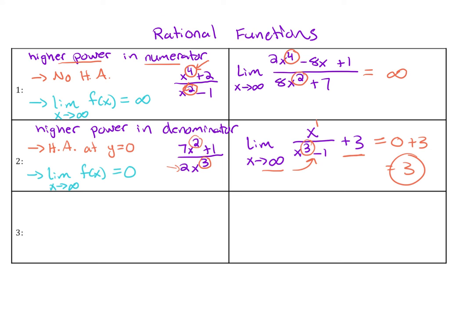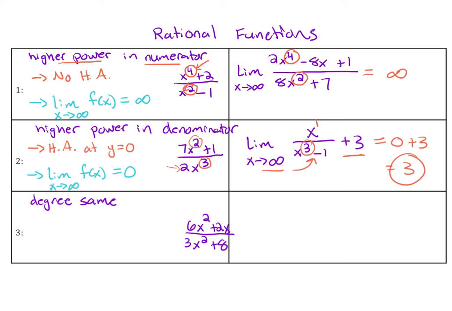Okay, so then the third rule is when the degree is the same in the numerator and denominator. Maybe I have 6x squared plus 2x over 3x squared plus 8.